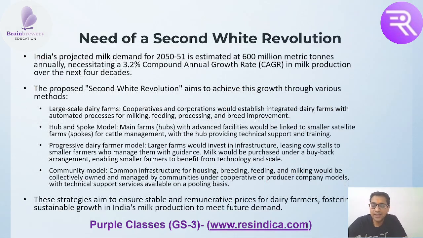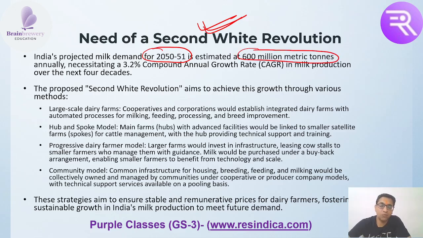Okay, but there is a need for a second white revolution that is much more needed in the present time. Why are we talking about the second white revolution? What is the need for it? Because it is projected that by 2050-51, that means after about 3 to 3.5 decades, we will need 600 million metric tons of annual production because of population increase.